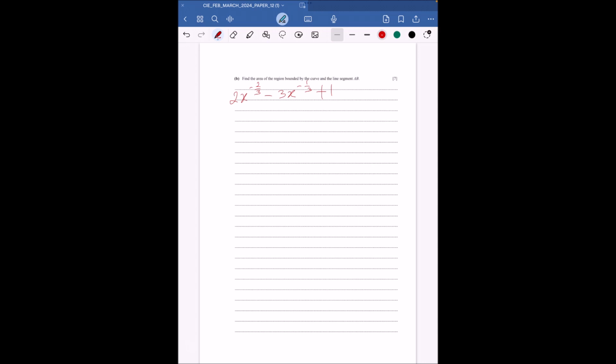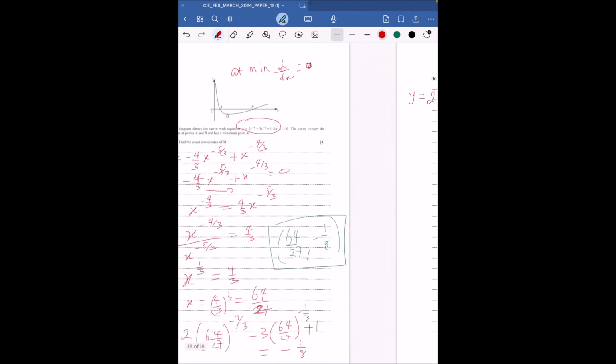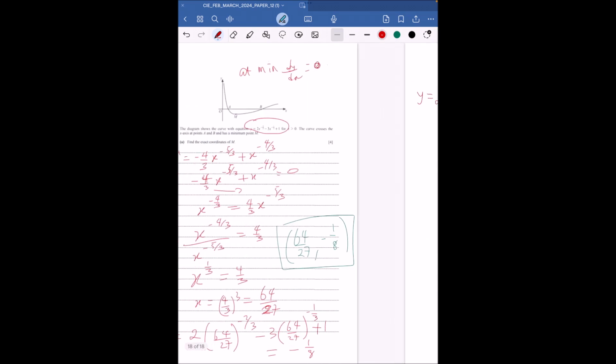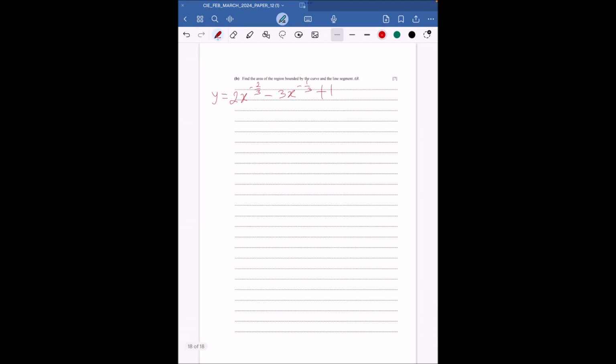This is y. But we don't know the coordinates of a and b, and at a and b y is 0, so we take that equal to 0 and solve.